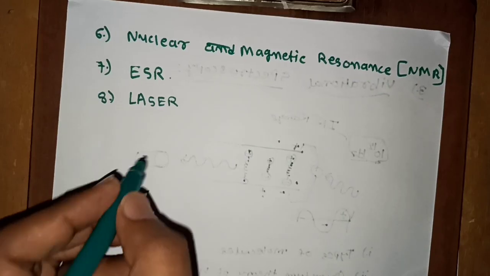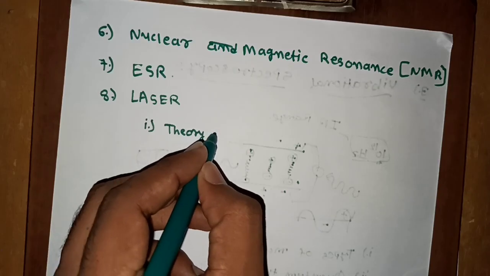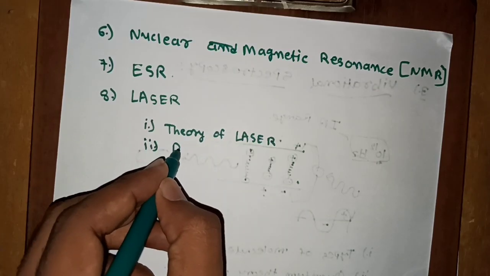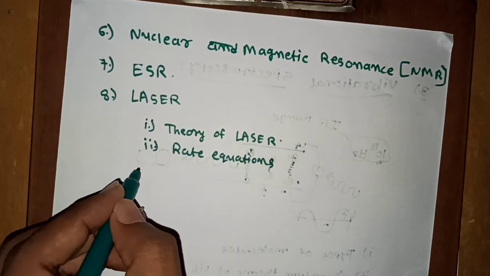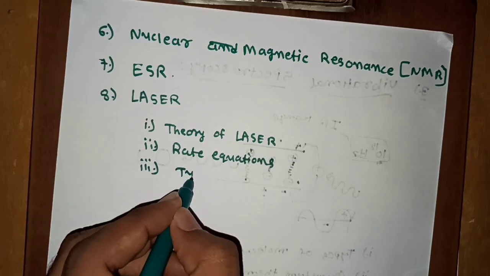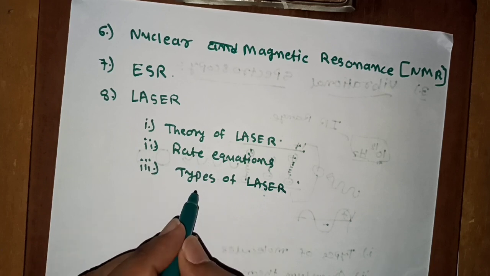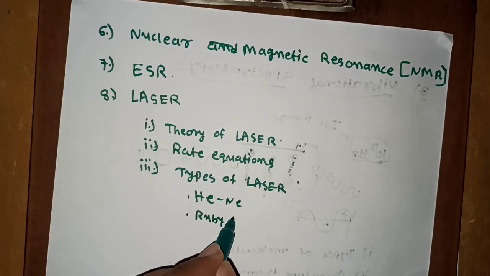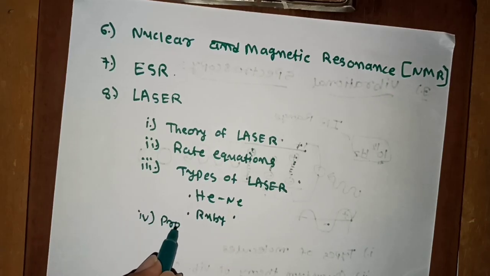Okay, in laser we are going to discuss topics like theory of laser, then rate equations, then types of laser like helium neon laser and ruby laser. Okay, then the last one will be properties of laser.